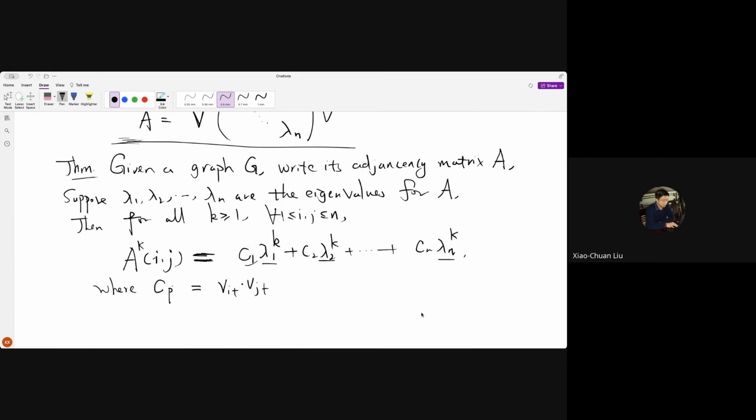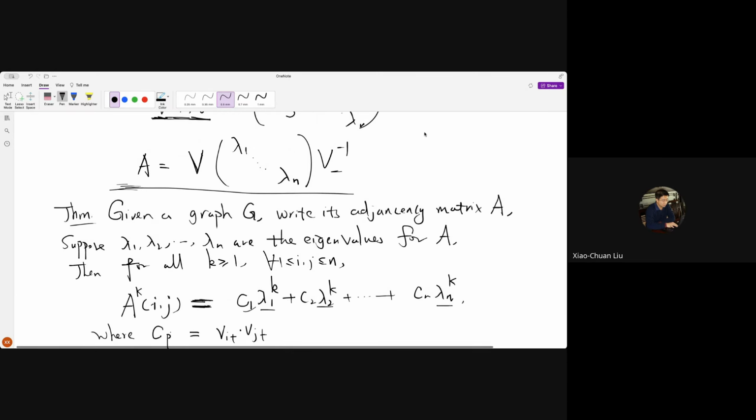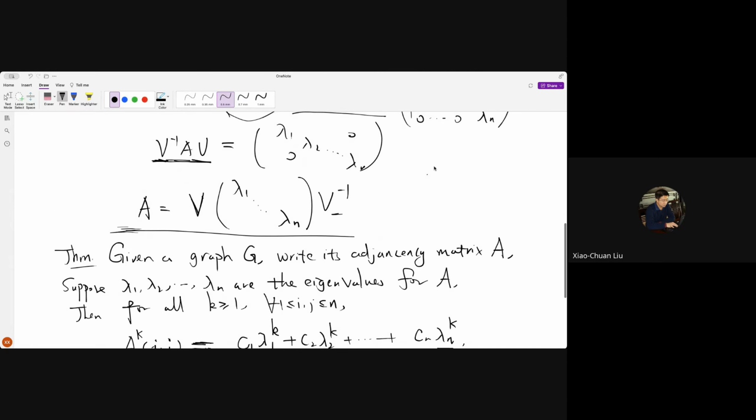So what is V_it? Remember, I want to write V as V1, ..., Vn as column vectors, and expand each Vi into its coordinates V11, V21, and so on.